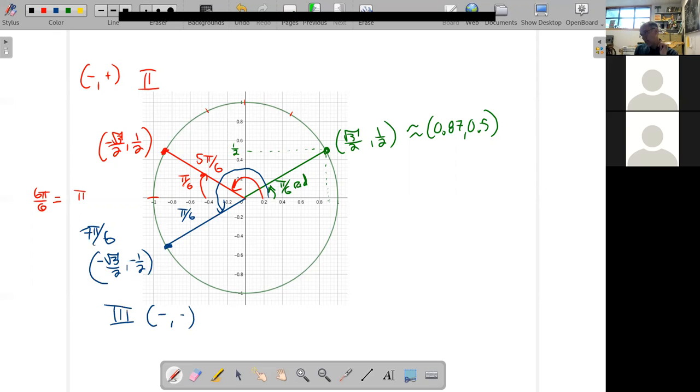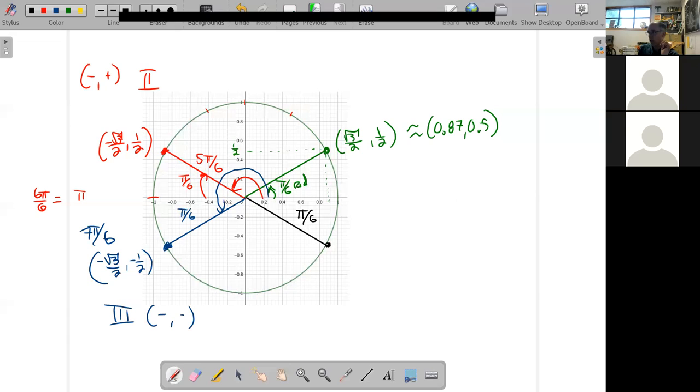To get this last point here, I could either reflect this point through the y-axis or the green point through the x-axis, and they're both going to lead me to the same position, right about there. And that point, like all of the other points here, has a reference angle of pi over 6. That's just the positive angle to the closest part of the x-axis. Direction is irrelevant. Just want to get to the closest x-axis I can. So pi over 6 there. To sweep around to get to that point, we could count by pi over 6 again.